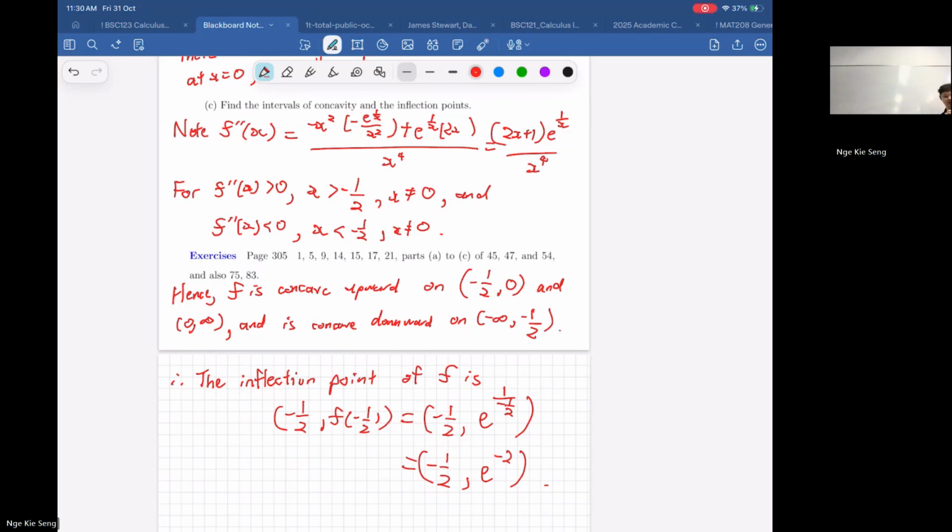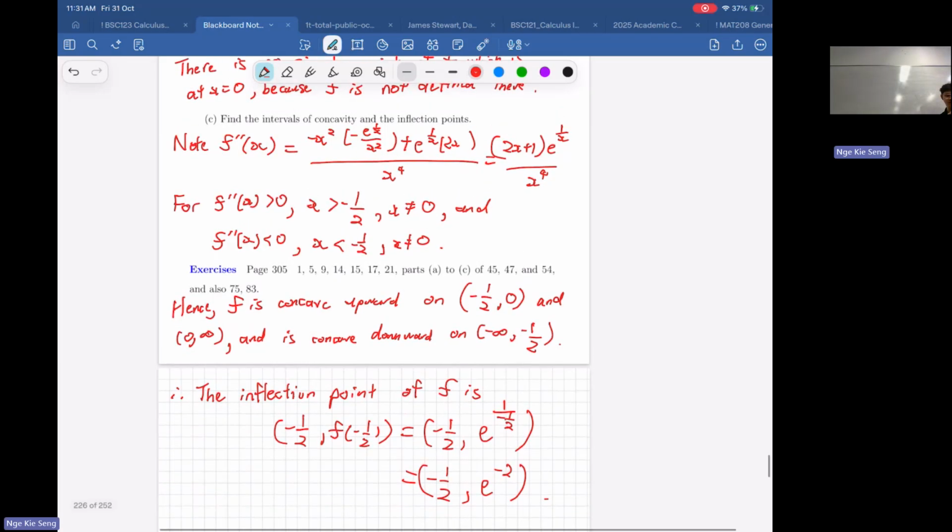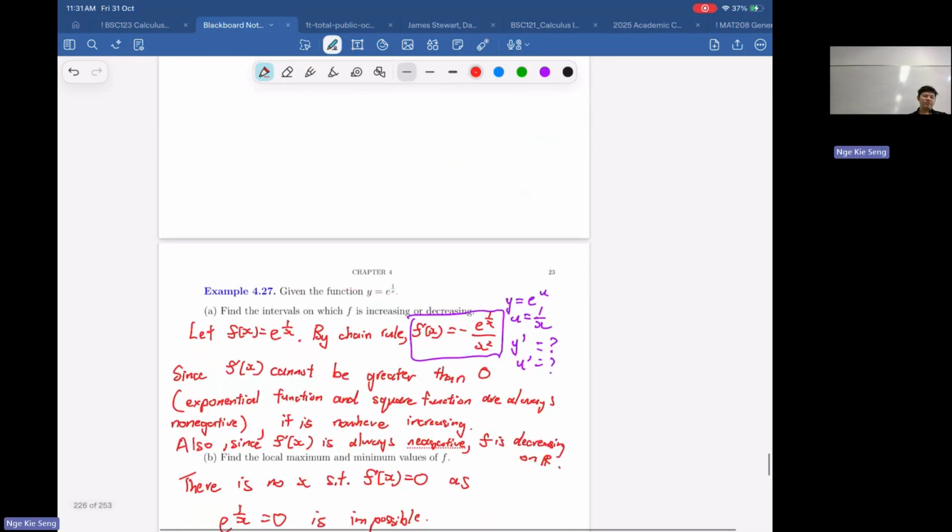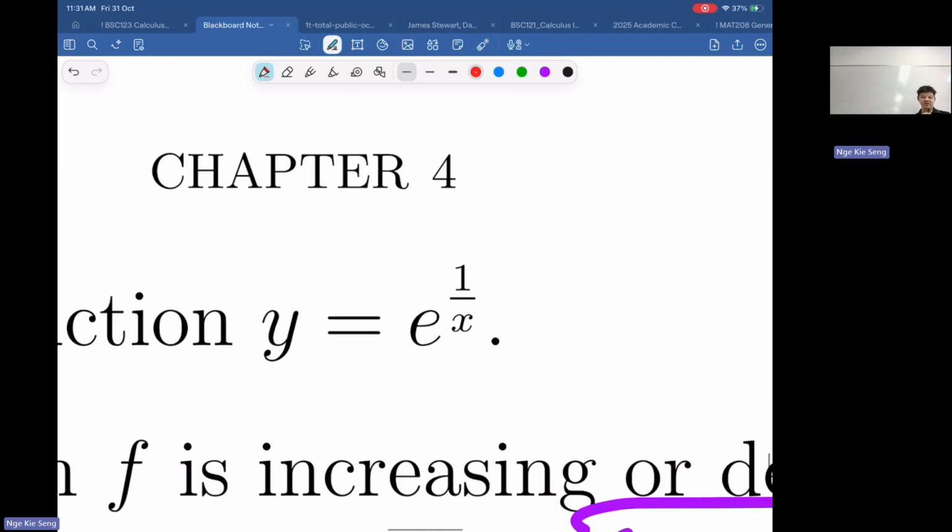And then it's going decreasing. How should this graph look like? Can you imagine? When x gets to 0, 1 over x gets very large, and e to the very large number is also very large. So it's like coming from the sky, decreasing, on the right of 0.